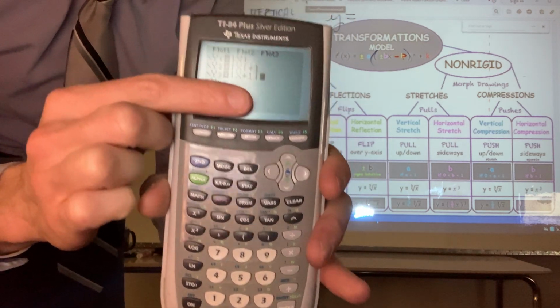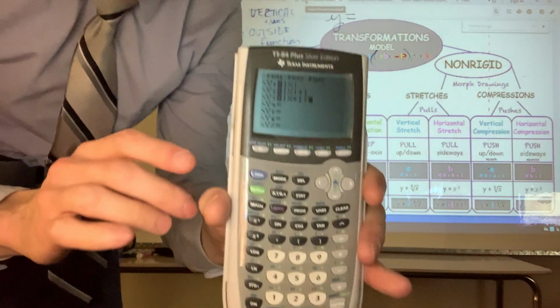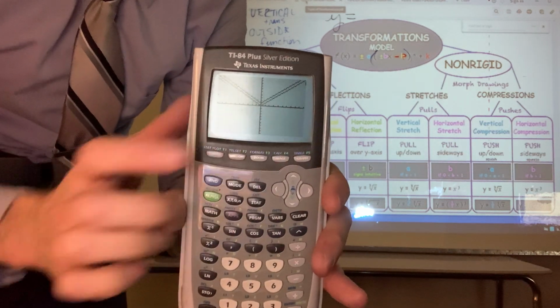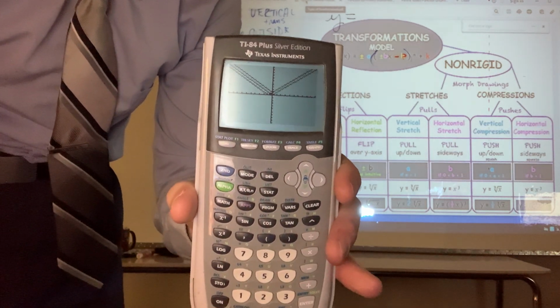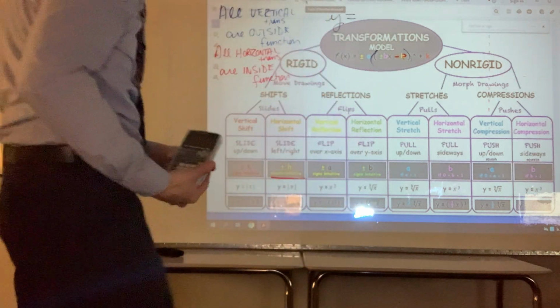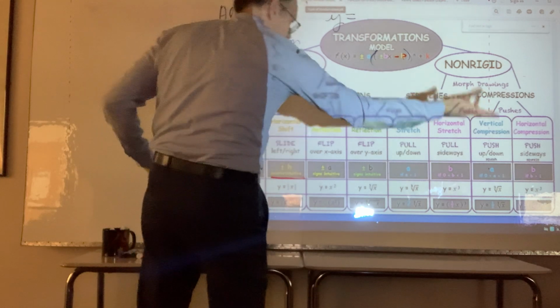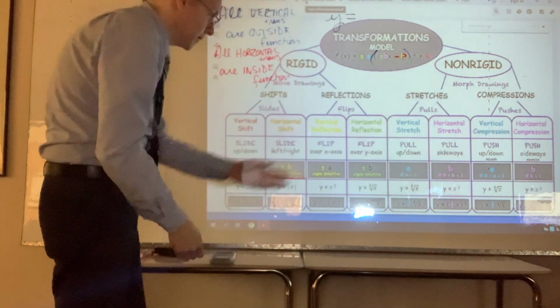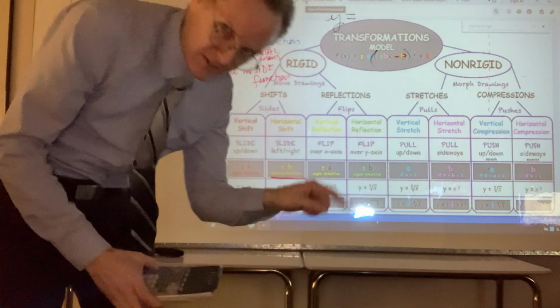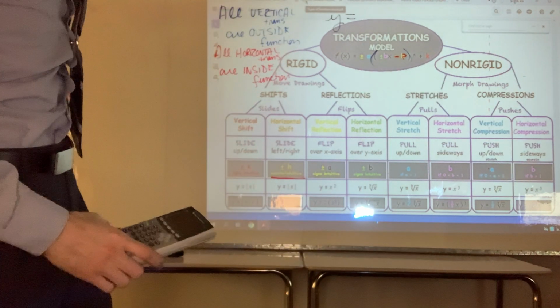It's inside the function, because as I mentioned, all horizontal controls are inside a function. All right, then you see how it affects it. It moves it in the opposite direction of what it normally would be. Again, we think positive is right, but instead positive is left when you're dealing with transformations inside the function. They're counterintuitive.